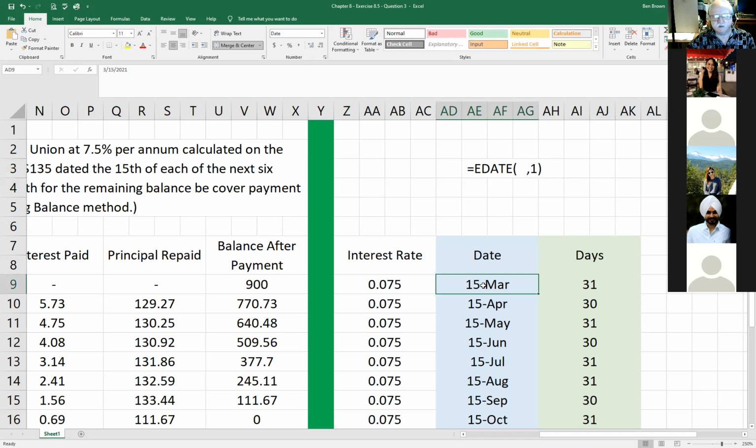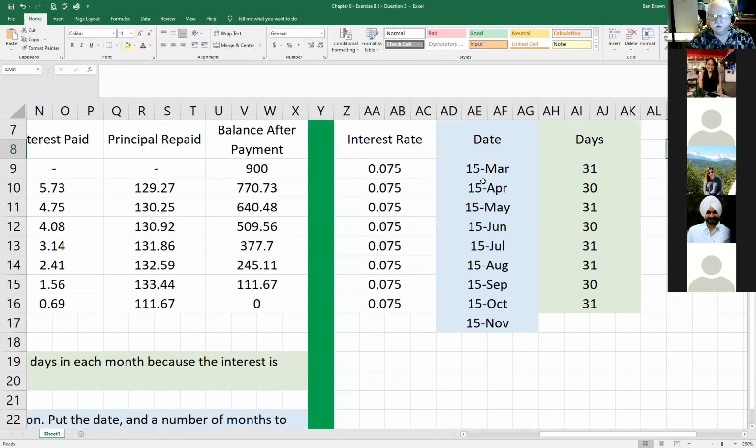I start with a date of March 15th, and I go EDATE, the March 15, and then comma 1, and Excel will automatically figure out that this is 1 month. This EDATE function will allow you to add 1 month each time.